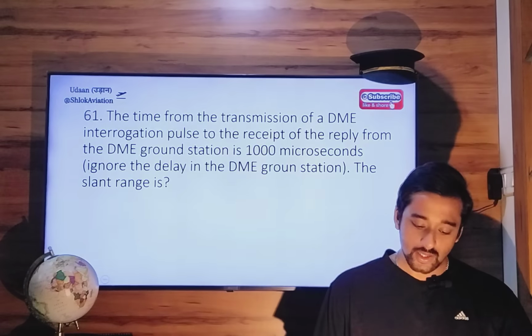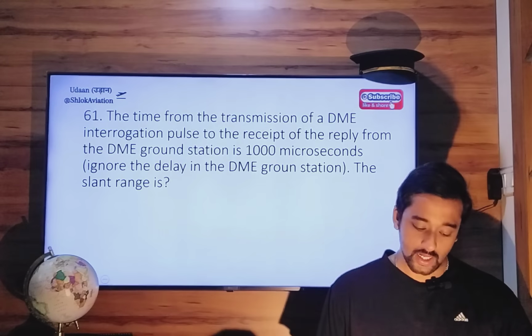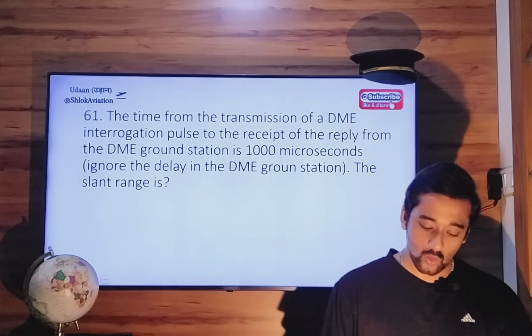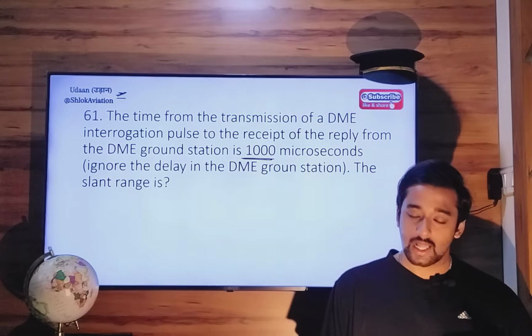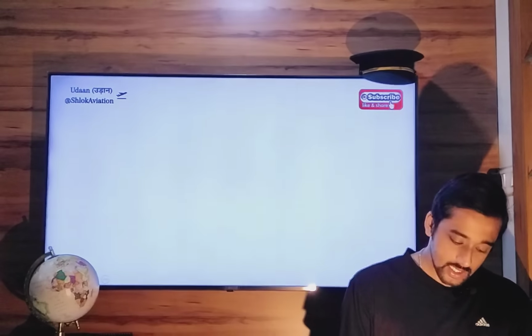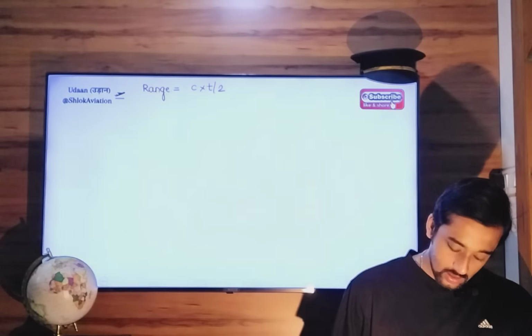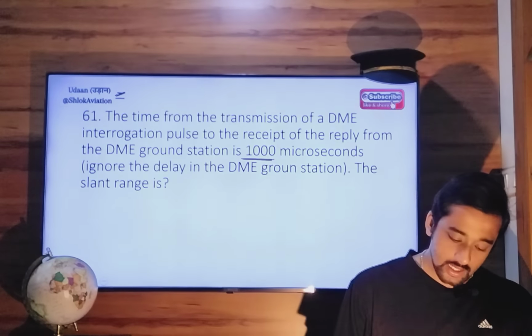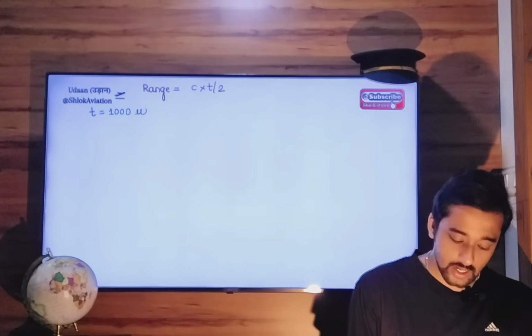The time from the transmission of a DME interrogation pulse to the receipt of the reply from the DME ground station is 1000 microseconds. What is the slant range? The formula is slant range is equal to speed of light into time divided by 2. Time interval is 1000 microseconds.